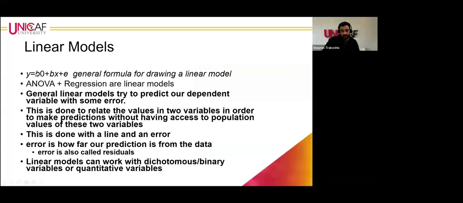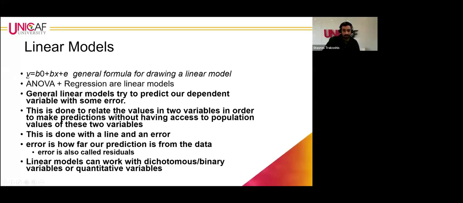So I need at least one of my two variables to be in numbers, and the other one also needs to be in numbers or be a binary, dichotomous variable. And the linear model wants to draw a line and describe the relationship between these two variables. We will be looking at this throughout the lecture today.